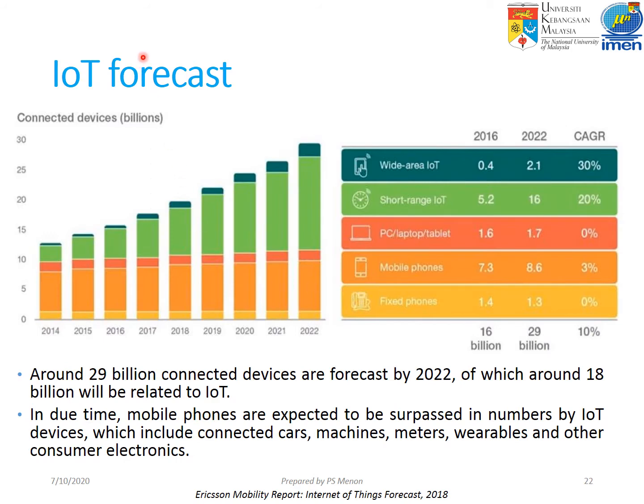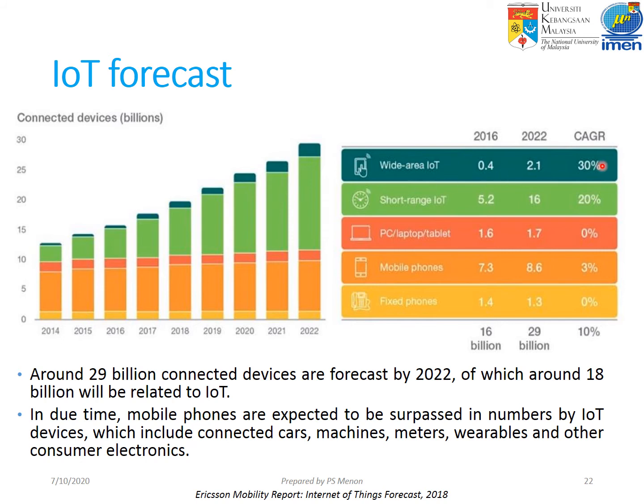IoT forecast, this was taken in 2018. So what you can see here is a steady increase in IoT devices, both wide area and also short range. Okay, the light green is for short range and the dark green is for wide area. Versus PC, tablet, laptop, and also mobile phones, the increment is quite low as compared to the IoT devices.